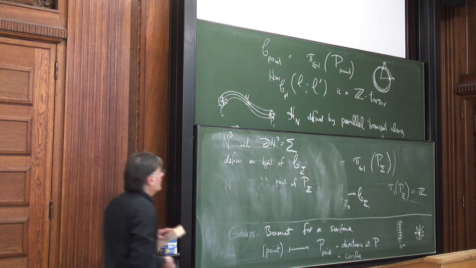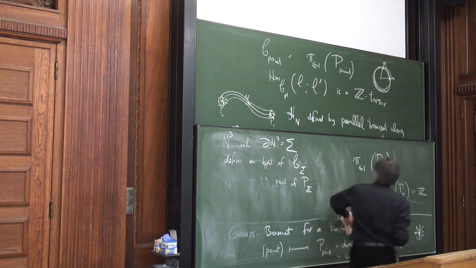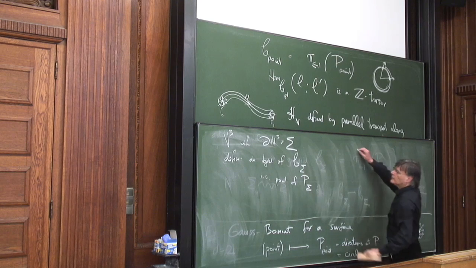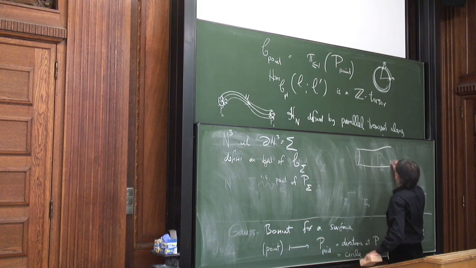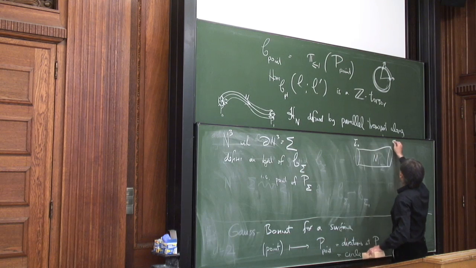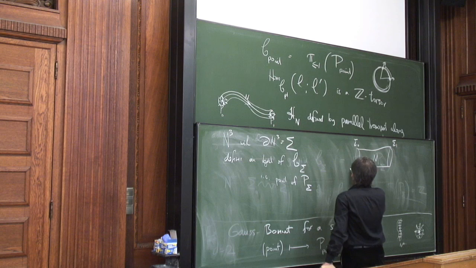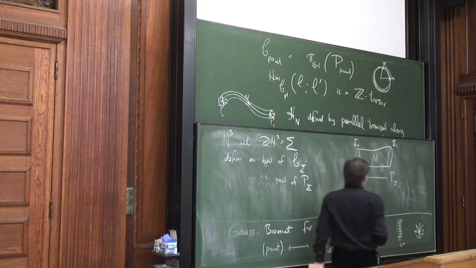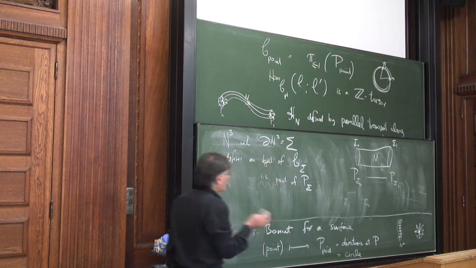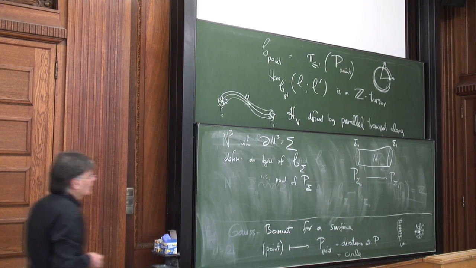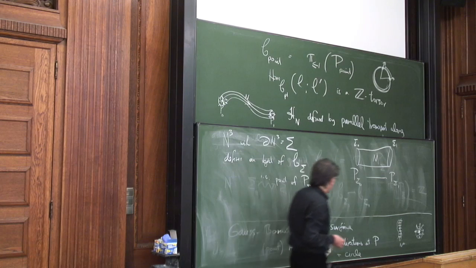And further, but I won't bother to explain this now, if N were actually a cobordism from sigma naught to sigma 1, it would actually define a map from P sigma naught to P sigma 1. But I don't really need that, so I think I will spell it out.